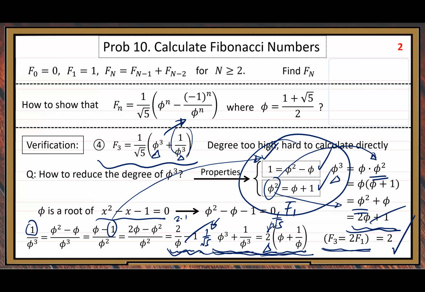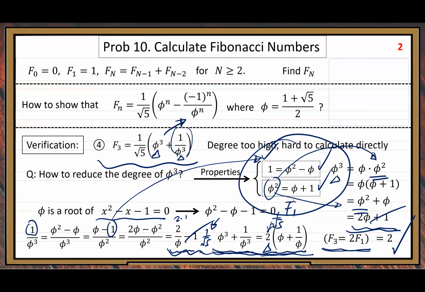When you need to simplify a polynomial of the golden ratio, you can use these two properties to bring the polynomial degree down to 1. The degree could be very high, but you keep applying the properties.